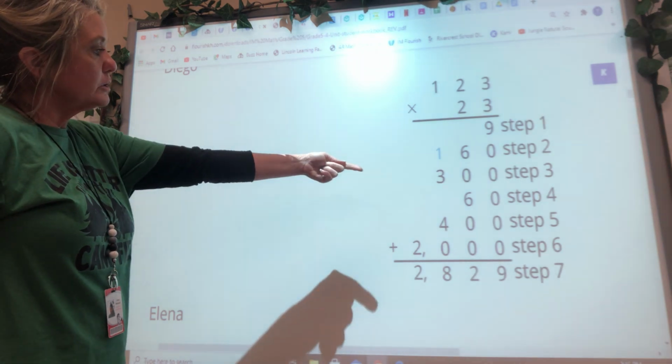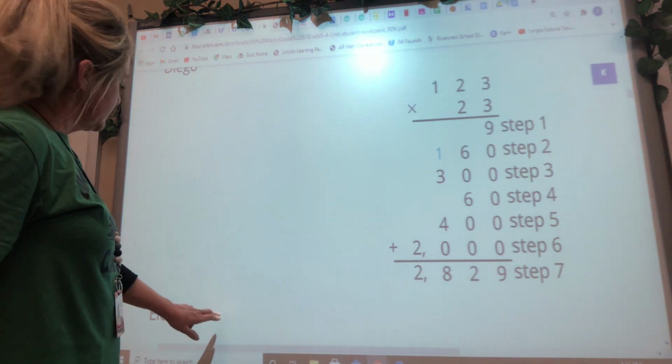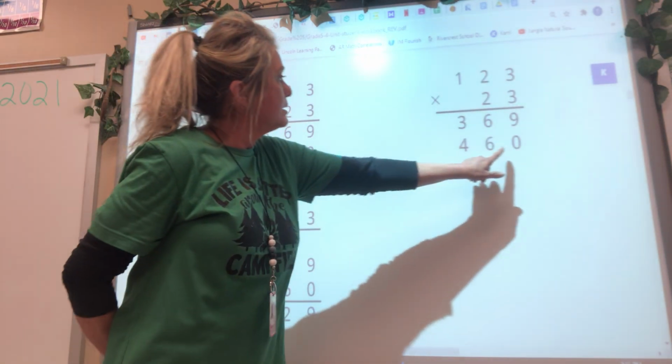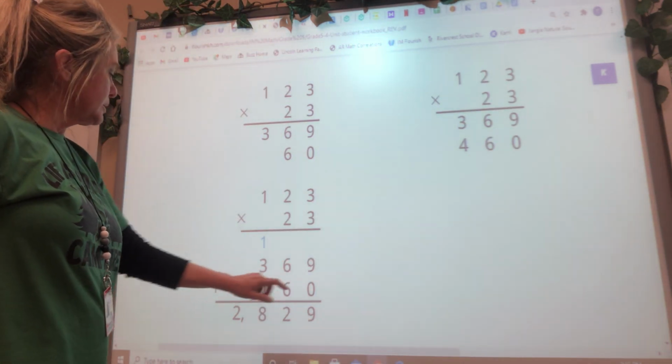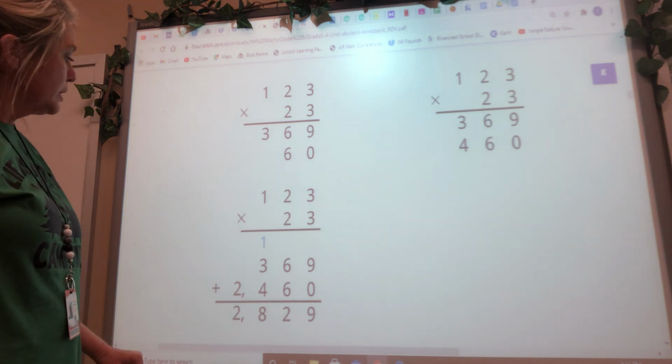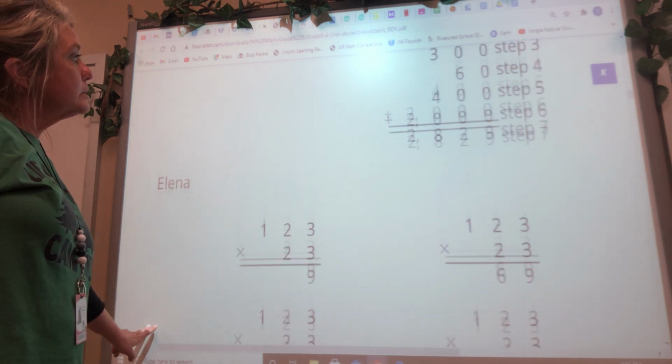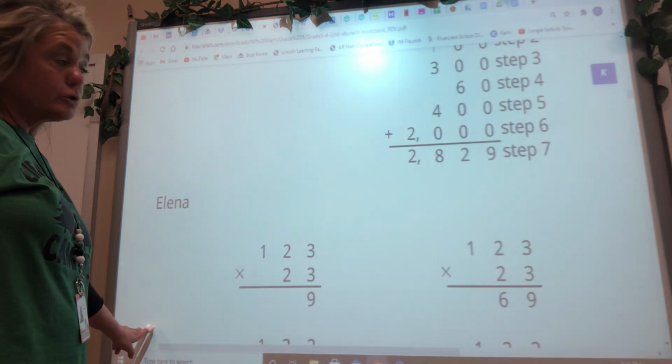And if you go on to look for the 60, the 400, and 2000, you'll see that Elena also has worked out these. She's just done them in a different order. But if you look at their final answer, they both get 2,829.